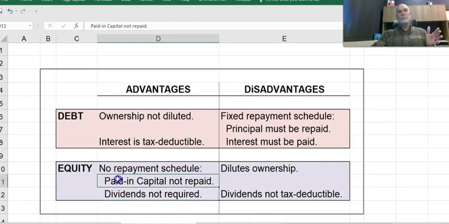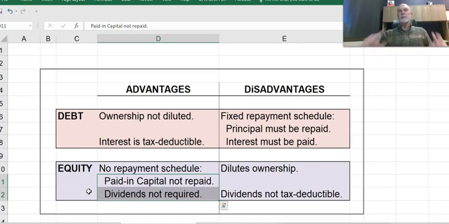However, if you don't provide a return to these stockholders, remember, they're the ones that own the business. They're the ones that vote on who's going to run the business. So if the existing management does not do a good job, then the stockholders will vote them out and vote somebody else in who can do a better job.